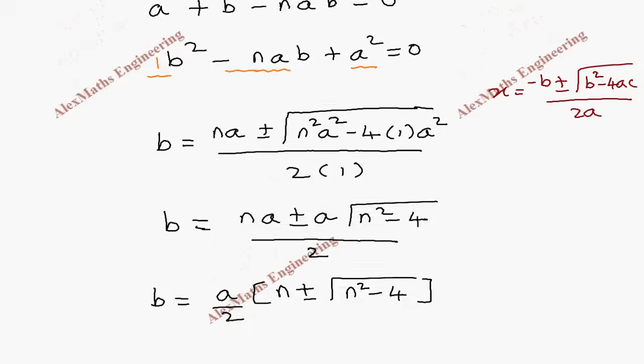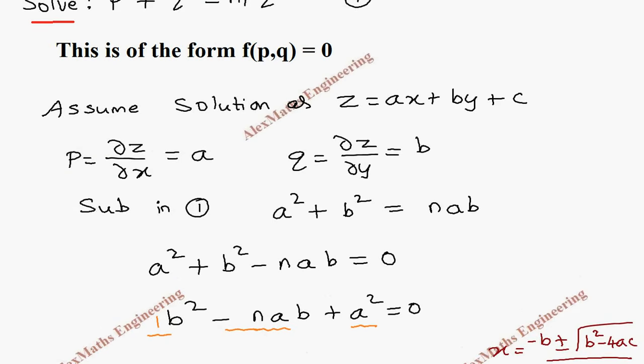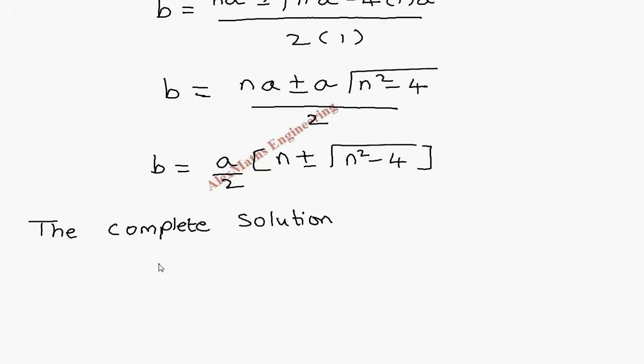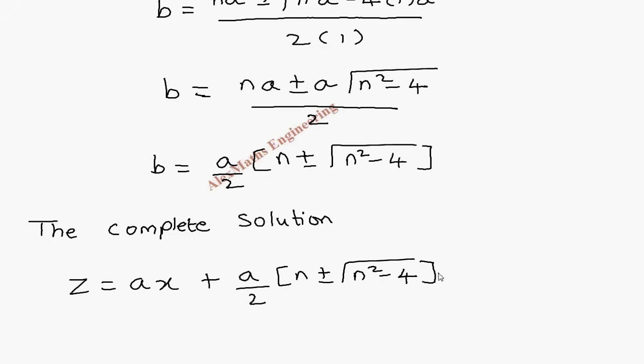This value of b we are going to substitute in this place, and we get the complete solution. So the complete solution is z equal to ax plus b y plus c, where b is a by 2 into n plus or minus root of n square minus 4.